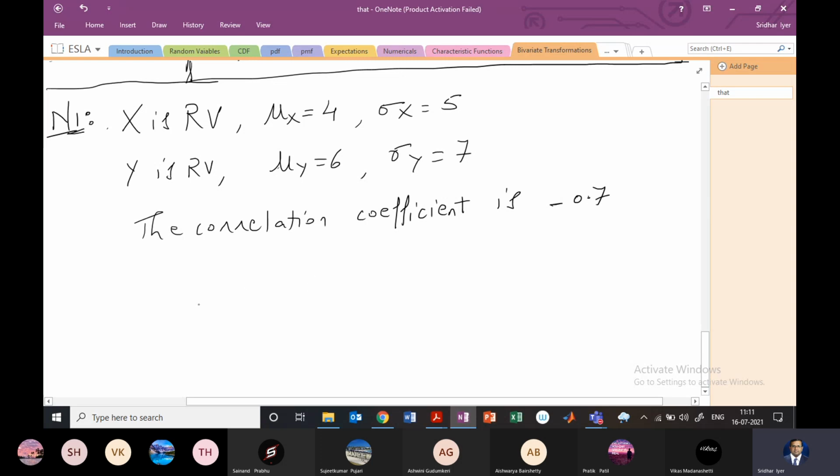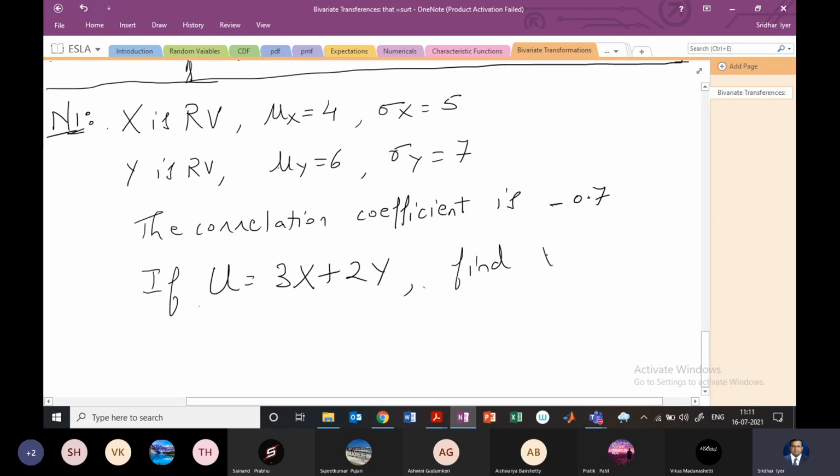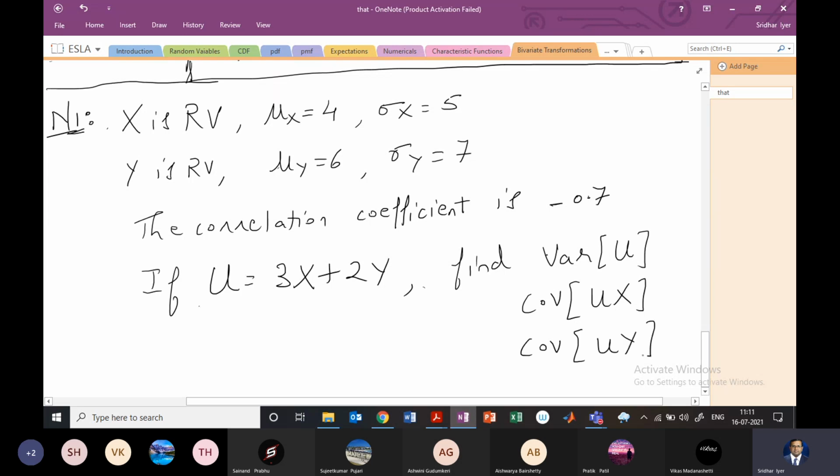Then we are given if u equals 3x plus 2y, find variance of u, covariance ux, and covariance uy. So these are the three parts.